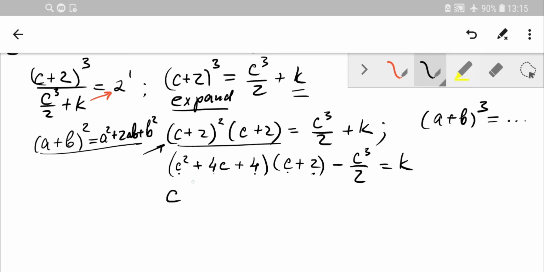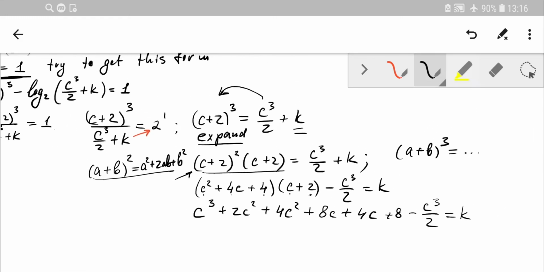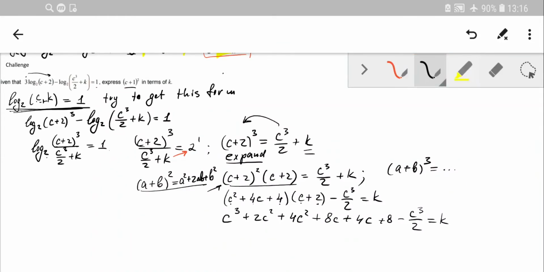Okay, now we'll get c cubed, then plus 2c squared, then we'll get 4c squared and 8c, then add 4c, then add 8, and minus c cubed over 2 equals k. Okay, so that's what we've got from there.